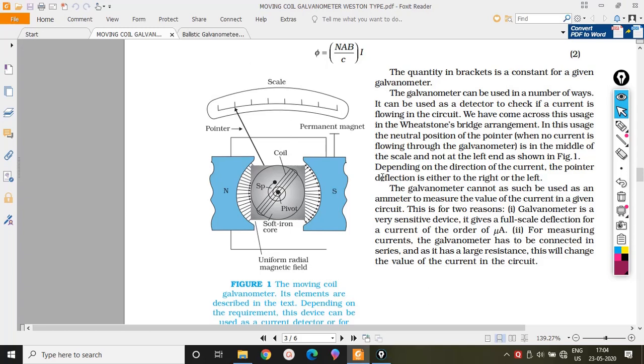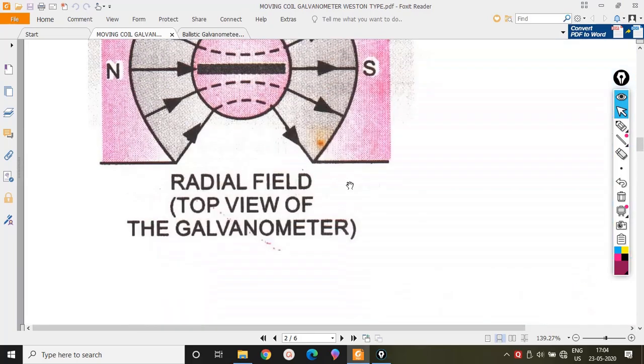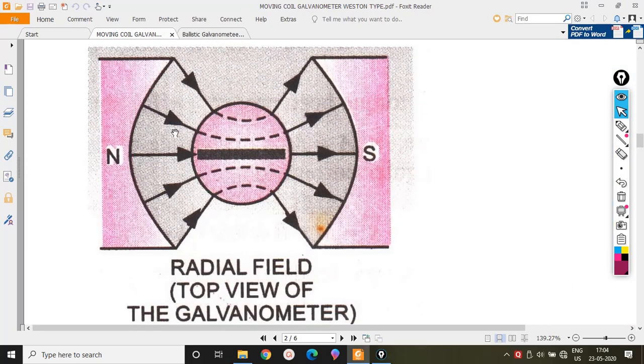How and why is this done? This is done so that your magnetic field acquires this shape.